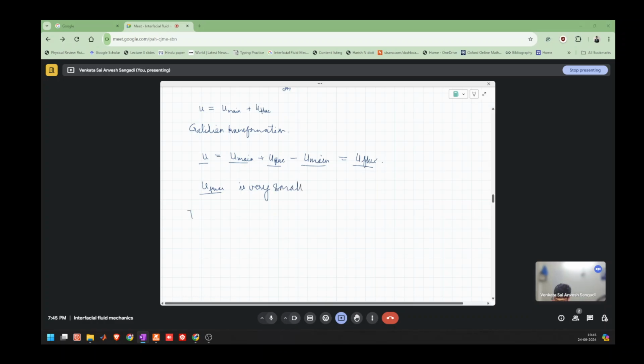Therefore, this enables us to neglect the non-linear terms.